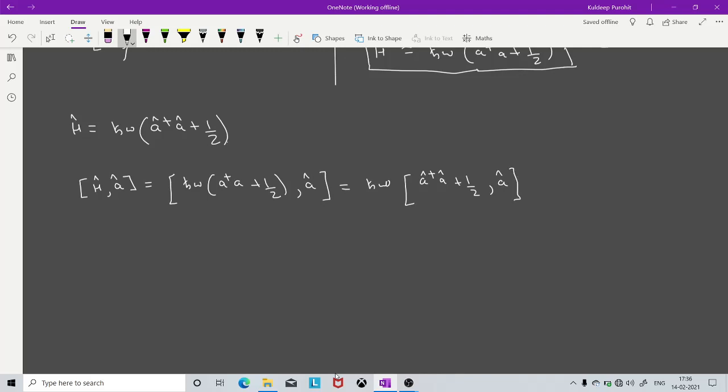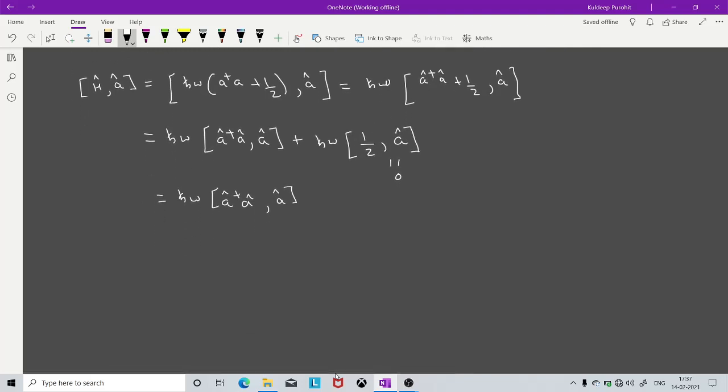So this can be written as h cut omega times the commutator of a dagger a with a, plus h cut omega times the commutator of 1 by 2 with a. This second term is essentially equal to 0, and here I have h cut omega times the commutator of a dagger a with a. Let me separately solve first this quantity, a dagger a comma a.